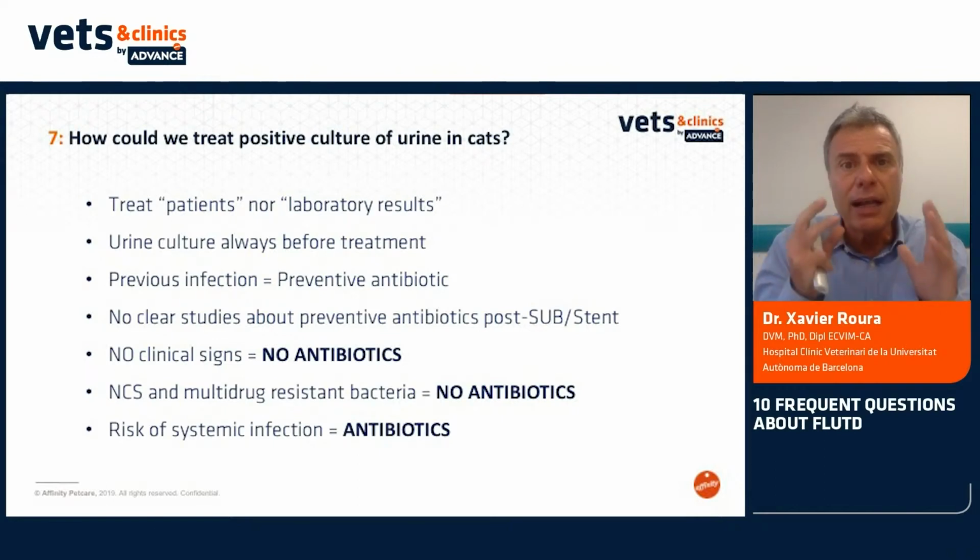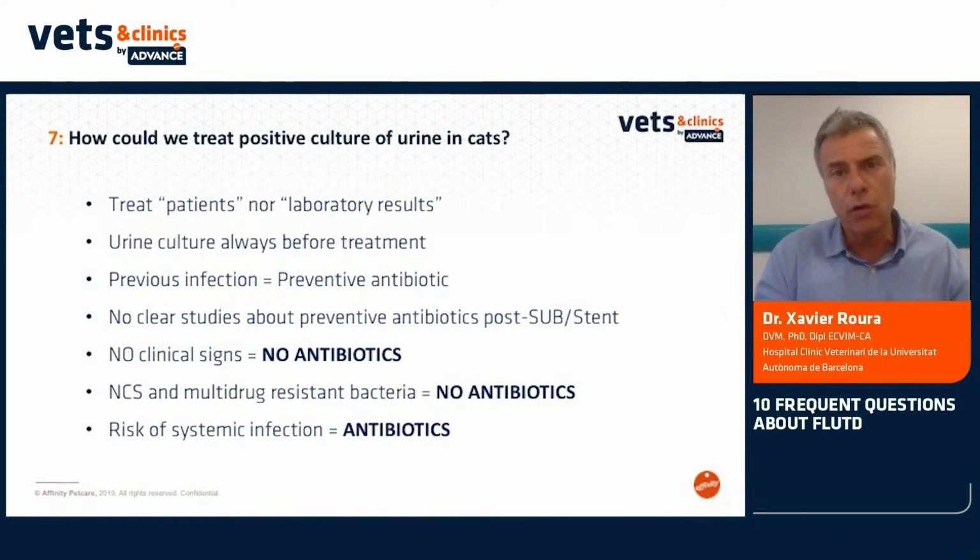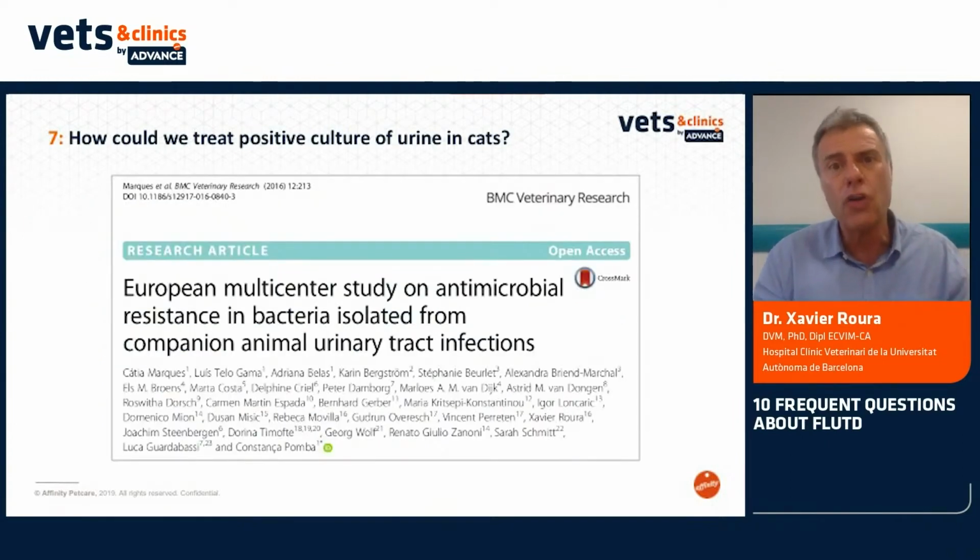If we have clinical signs, we need to give treatment, we need to give antibiotic after urinary culture. And this is important in order to avoid the overuse of antibiotic, but it's also important in two situations for the management of dogs and cats.